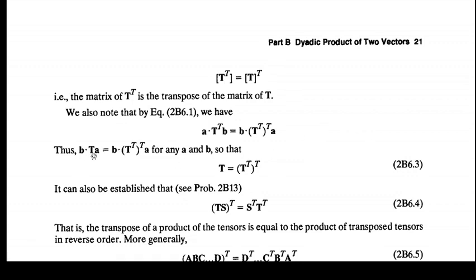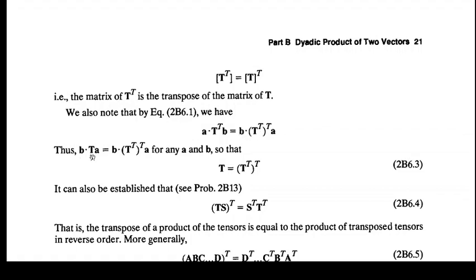Now we can write B dot TA equals A dot transpose of T B, and that is equal to this.